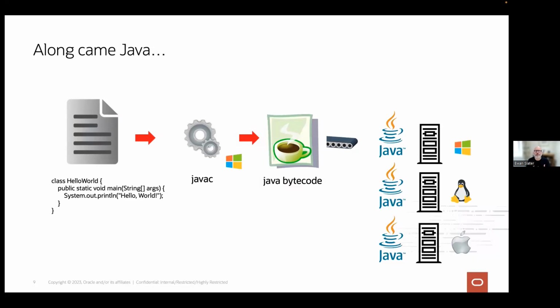And it was then the responsibility of the platform owner to create a Java virtual machine that met the standard and would run any piece of Java bytecode. So that was great.